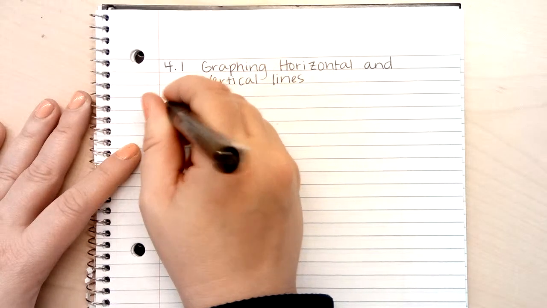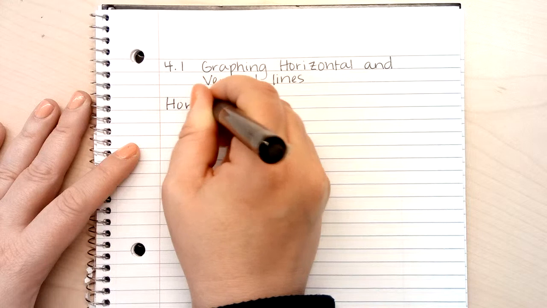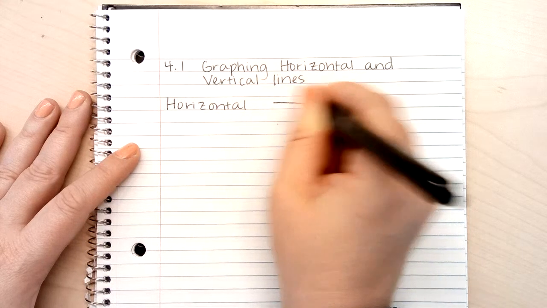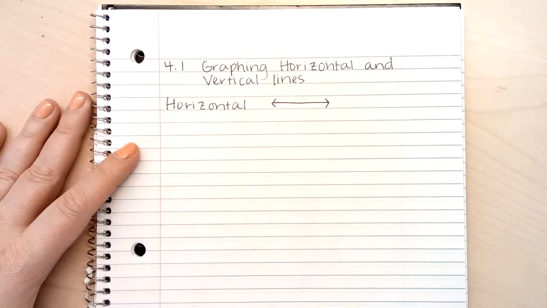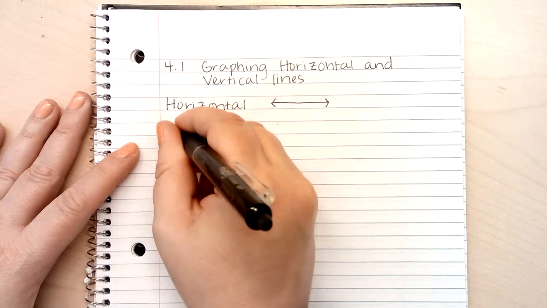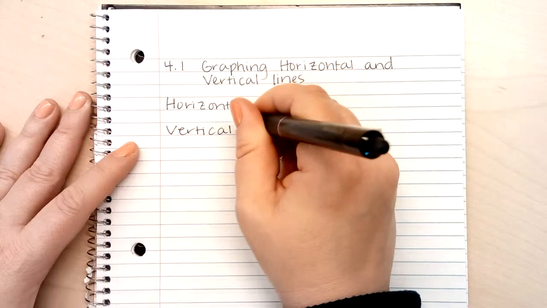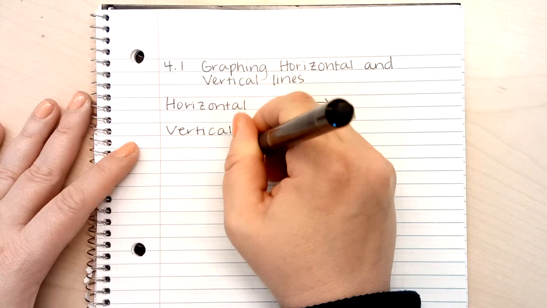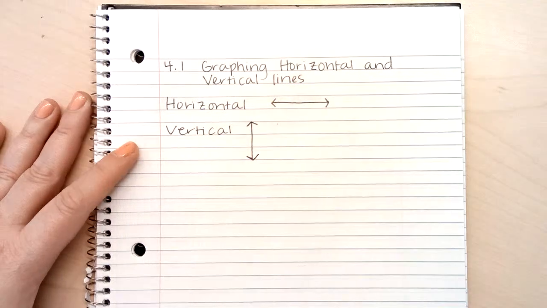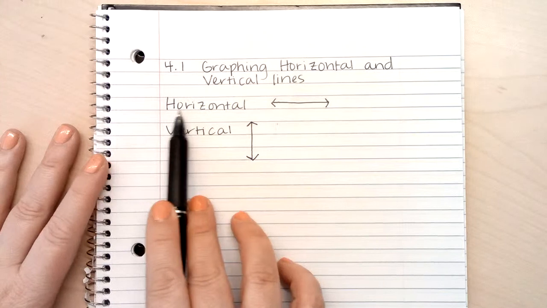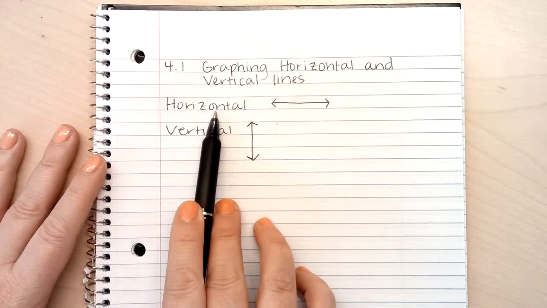horizontal. So I'm going to write horizontal means side to side. So horizontal lines look like this, and vertical lines would look like this, up and down, straight up and down. So you could think of horizontal, it has the word horizon in it.